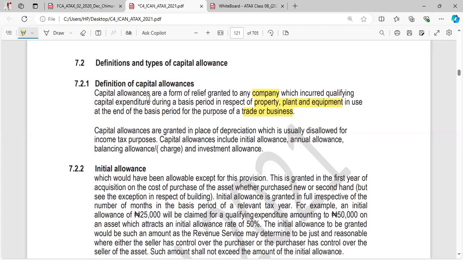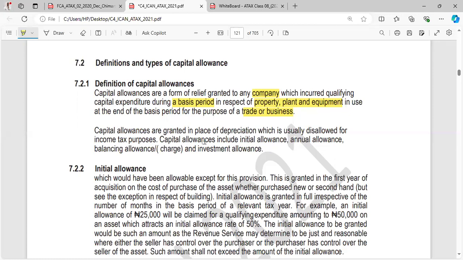Now, one thing about capital allowance is that at the end of a basis period, the asset is still in the coffers of the company. The company is still the owner of the assets. So if an asset has been disposed of before the end of the basis period, you can only claim capital allowance for the period in which the asset was the property of the company.